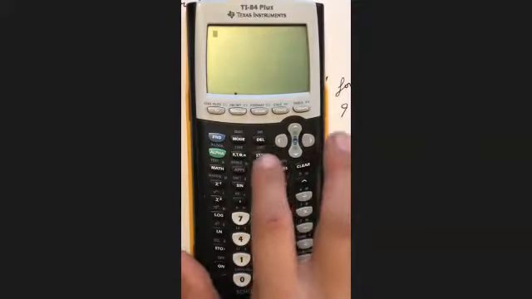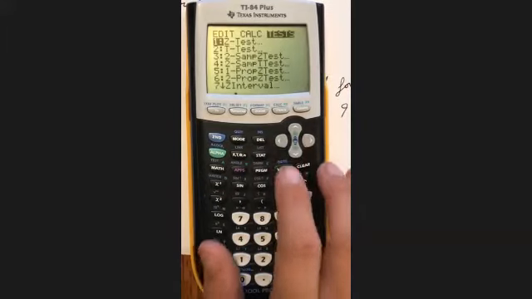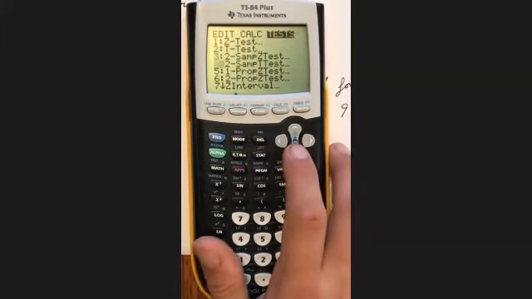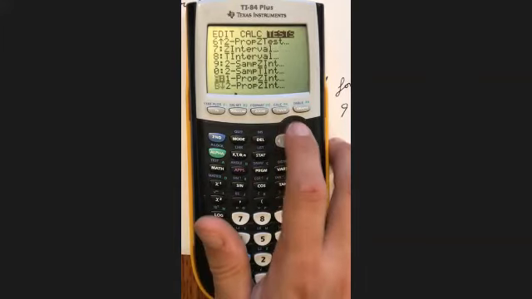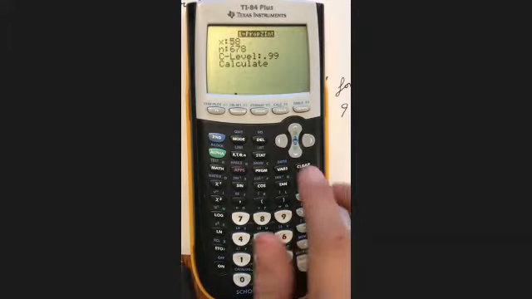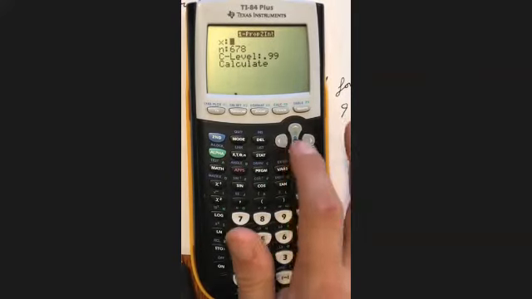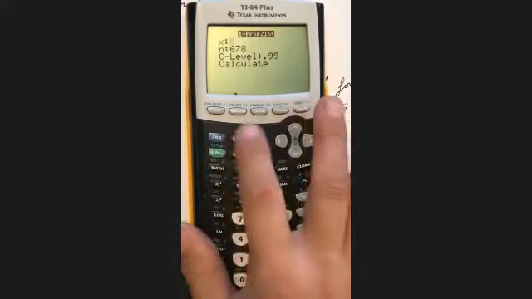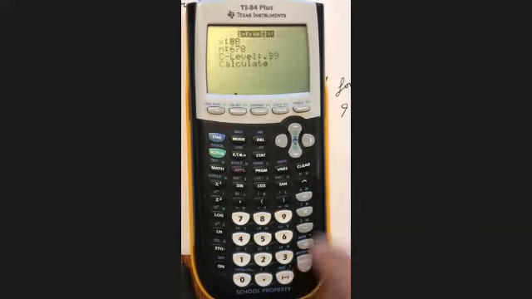So to use the calculator to generate this confidence interval, I hit stat, then I cursor over to test, and then I'm going to go down, down, down till I get to the 1 prop z interval. That's letter A. I select that.